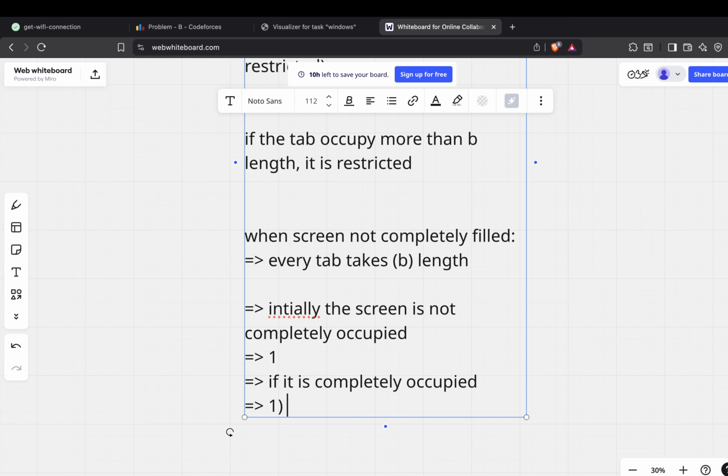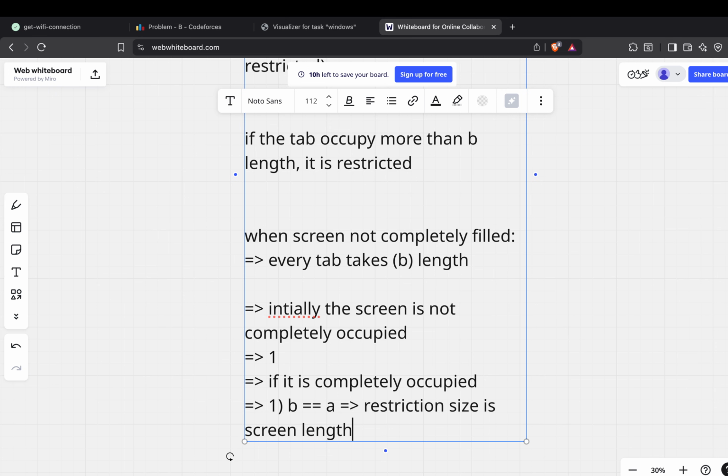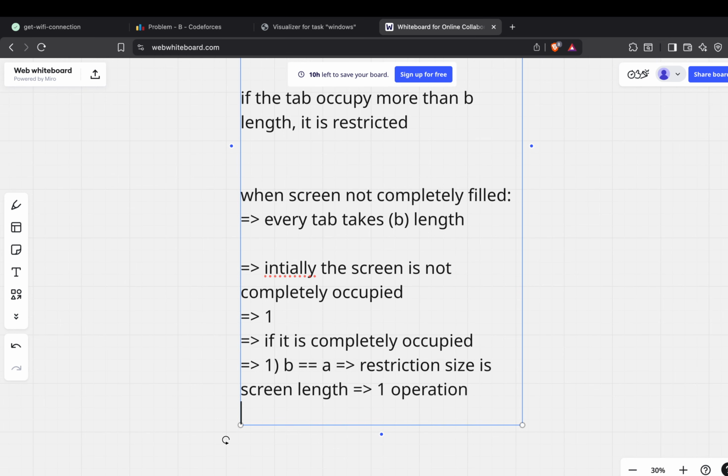One, if B equals A, which means the restriction size is the screen length. Even in this scenario, one operation would work. Just take it to the rightmost corner of the screen. The second scenario, when B is not equal to A, then two operations are required.